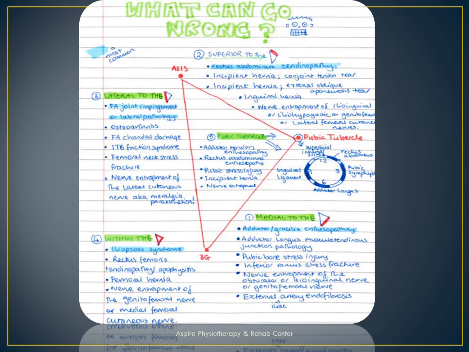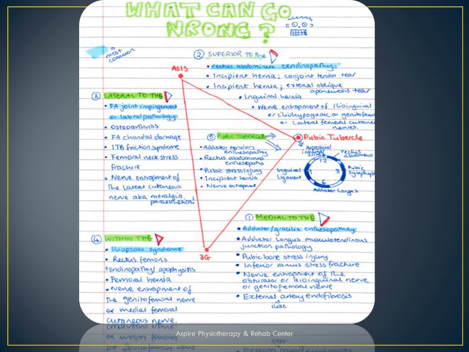The most common structure is your adductor or gracilis tendon. You can have enthesopathy. Now what is enthesopathy? Enthesopathy is nothing but pathology associated with the attachment of a tendon. Then you can have adductor longus musculotendinous junction pathology.